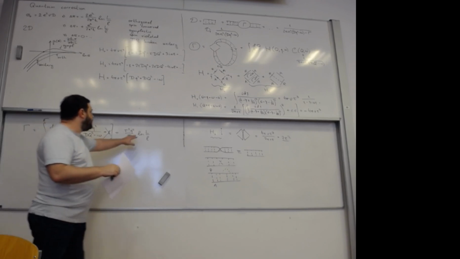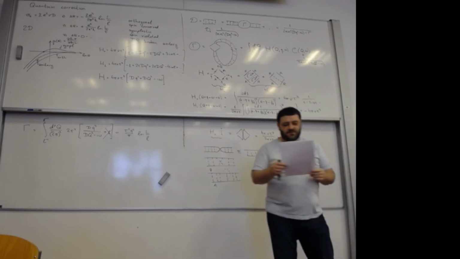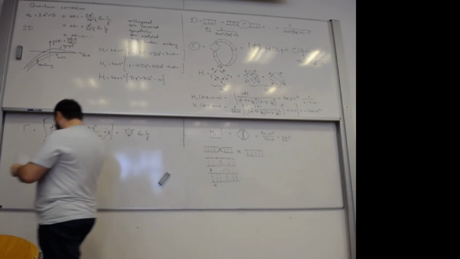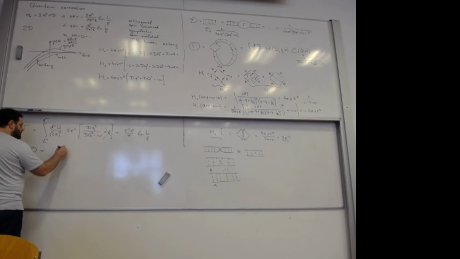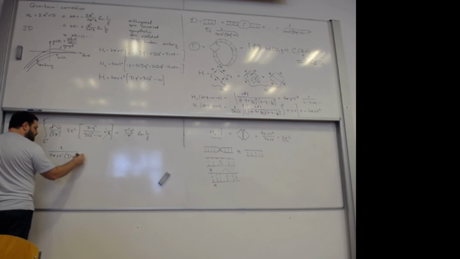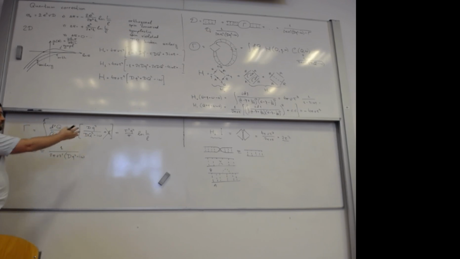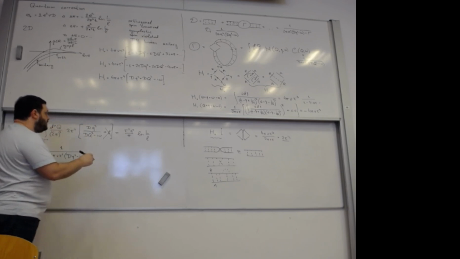Now what will happen if I insert this gamma that dominates up there? I will get a new corrected diffusion propagator, which looks like this: 1 over 2 pi mu tau squared dq squared, minus this.